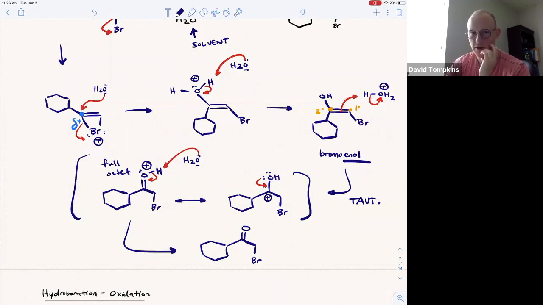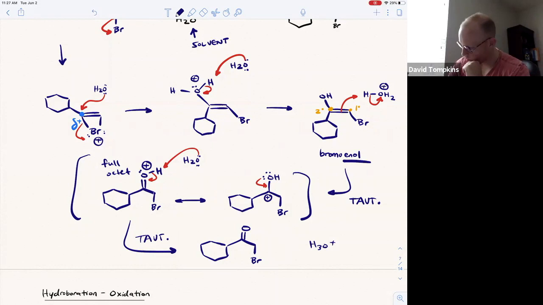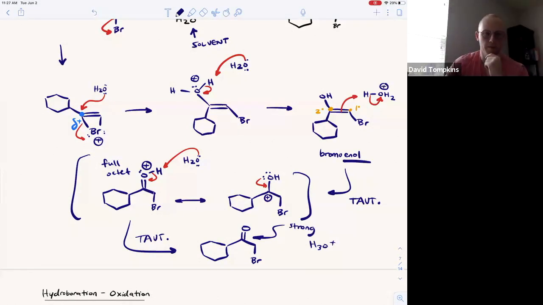And finally, deprotonation regenerates that hydronium catalyst so that after this 2-step tautomerization, you get the more stable ketone product, which is more stable because C double bond O is so strong compared to C double bond C.